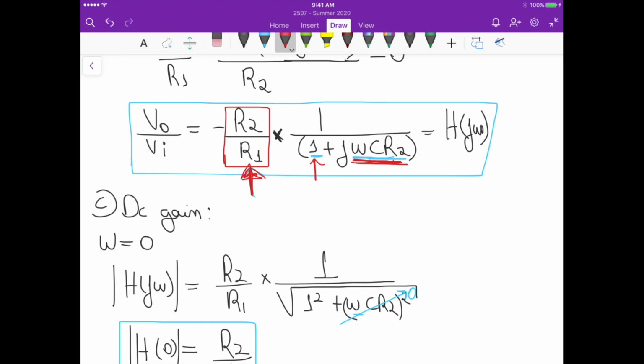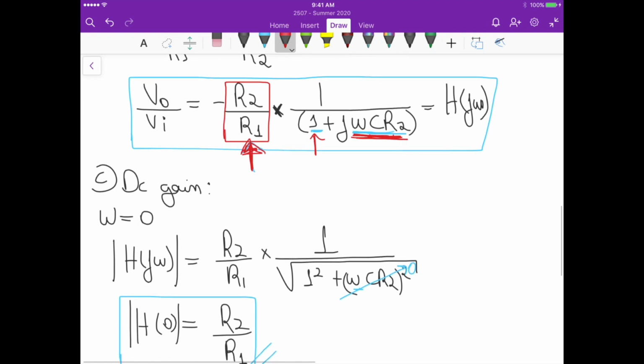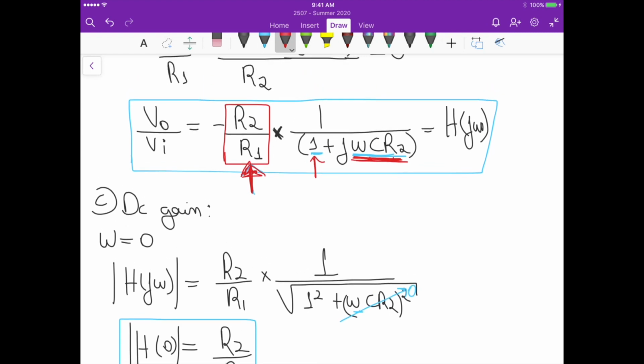Okay, so why is that analysis important? It's because if we know the gain at DC, and we want to reduce that by 3 dB, we basically need to figure out what frequency makes this term here 3 dB.